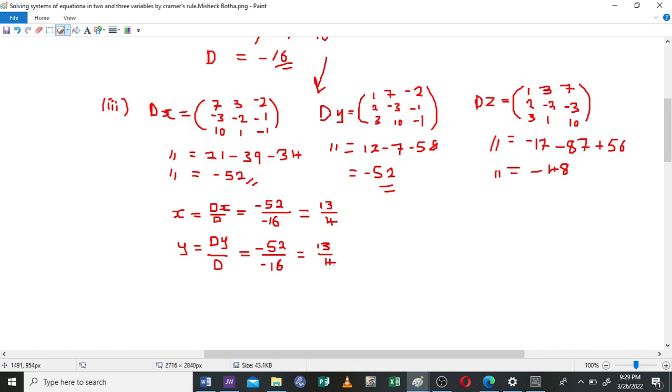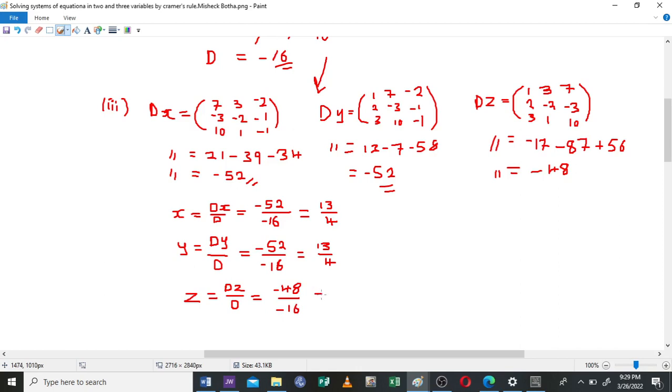Sorry about that. So we proceed, and then we have z. We have dz divided by d. Now our dz was found to be negative 48, divided by negative 16, right?